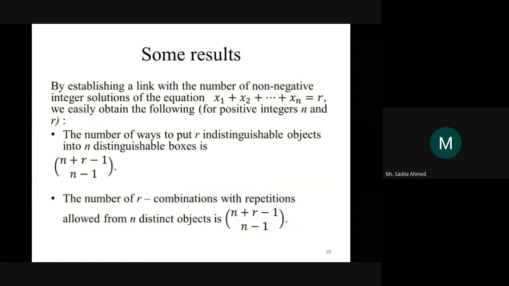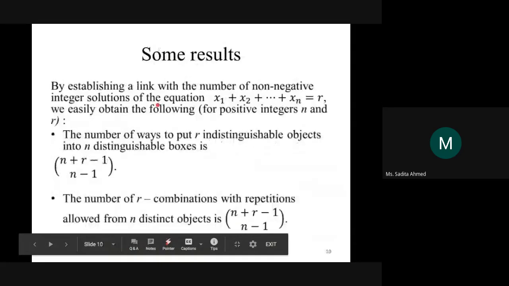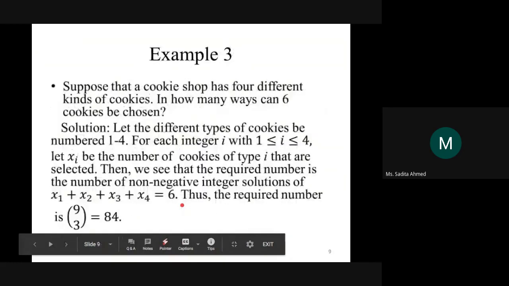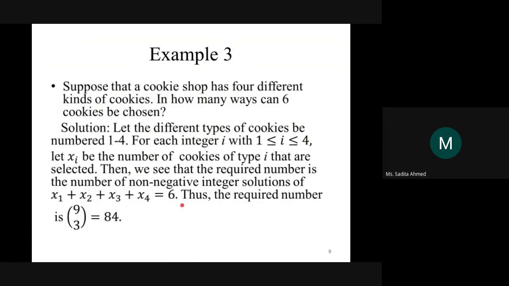All right. And you will see that you can also look at this problem from this angle as well. Think about it. The 4 different types of cookies that you have, you can say that you have 4 cookies to be exact, right?